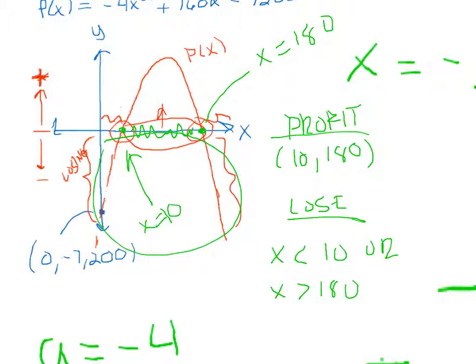So this one's a little bit more difficult to define in interval notation. I suppose if I had to define it in interval notation, we know it would be from 0 to 10, not including 10. But the other side is a little bit more curious for me in defining this in terms of interval notation, because theoretically they can make an infinite amount of products.